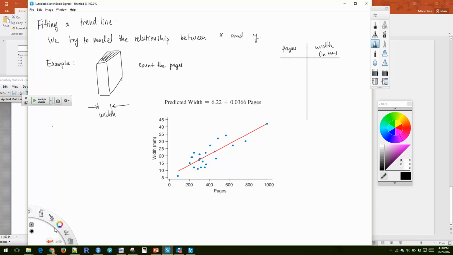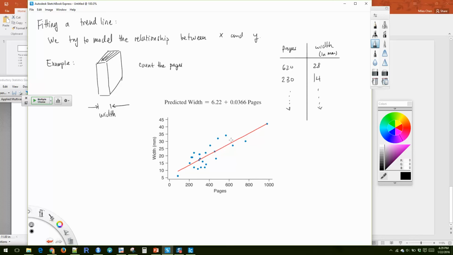We looked at a bunch of books, and we say something like, some book, maybe this one right here, has 620 pages and is 28 millimeters thick or something. And we look at another book, and it's got 210 pages or 230 pages, and it's 14 millimeters thick or something like that, okay? So on and so forth. We've gathered data on a bunch of books.